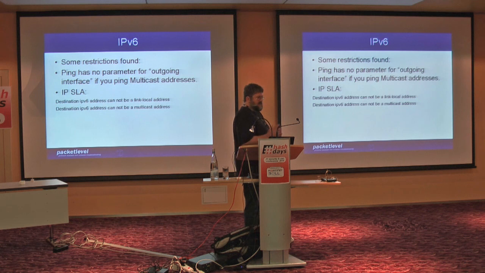But I also found some restrictions in IPv6: I cannot send packets to a link-local multicast address or multicast address. But this is not a mistake or an error. It is normally not allowed to do this.